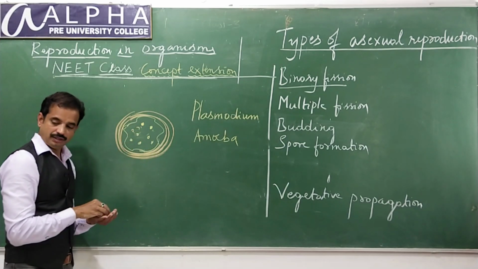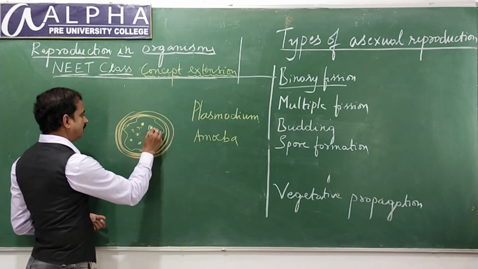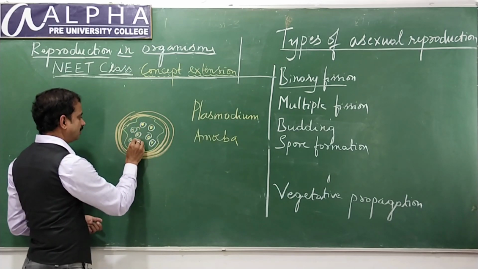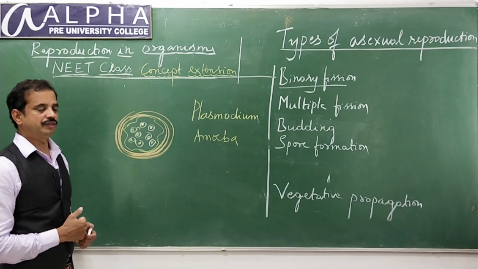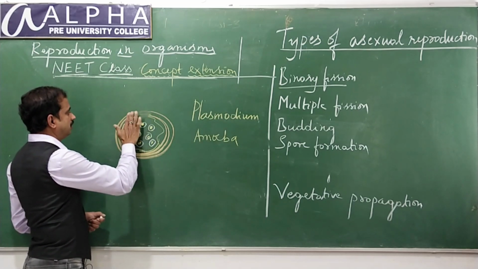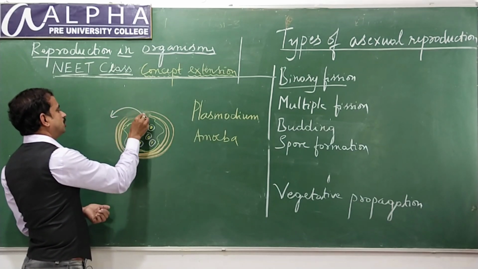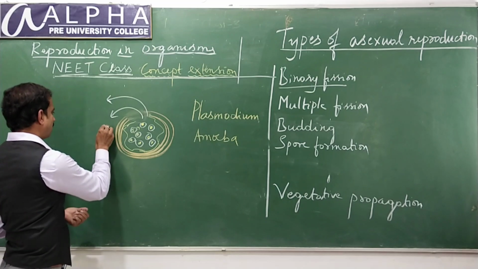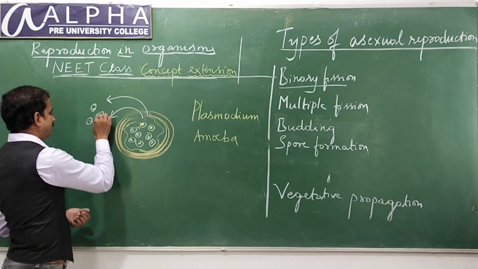And each nucleus will receive a bit of cytoplasm like this, right? And many individuals are formed. And with the return of the favorable condition, as already I have explained, these smaller individuals will come out and they grow into independent amoebae.